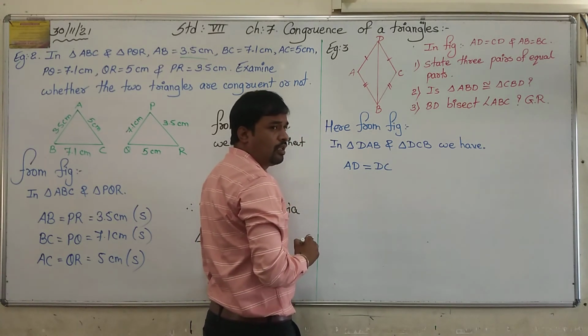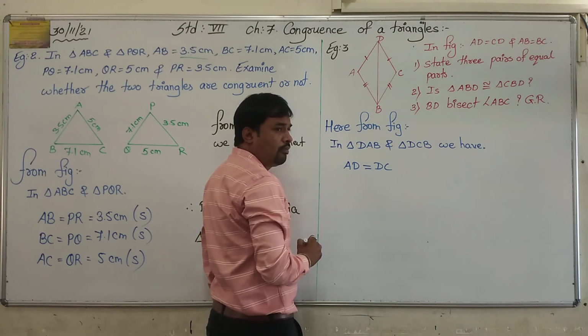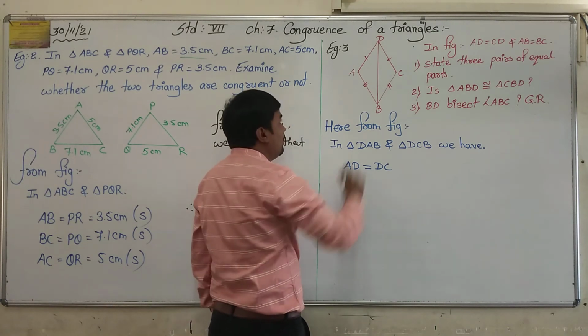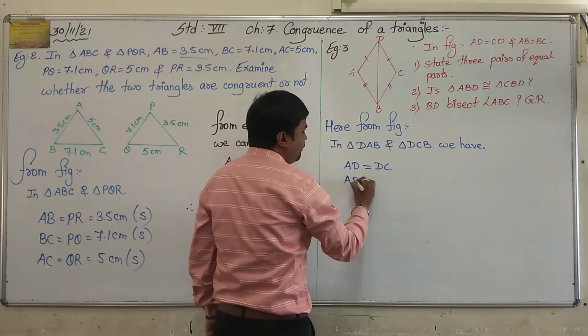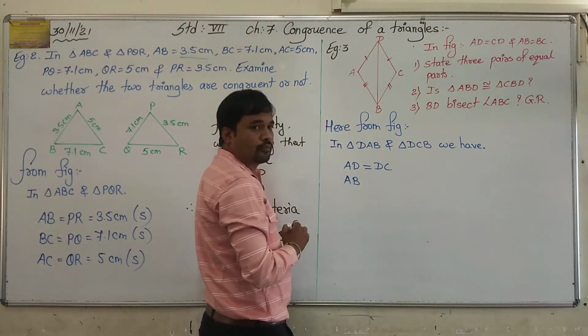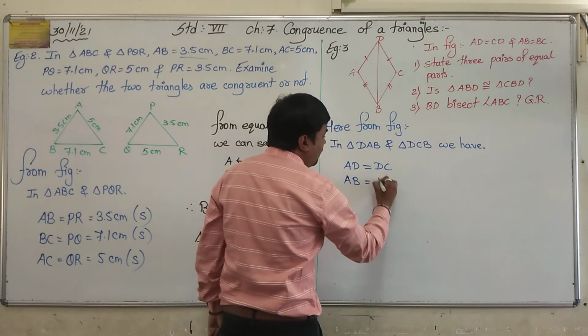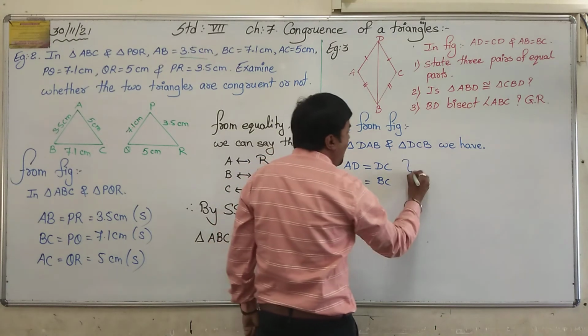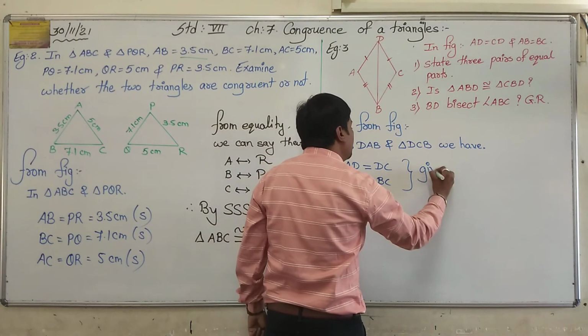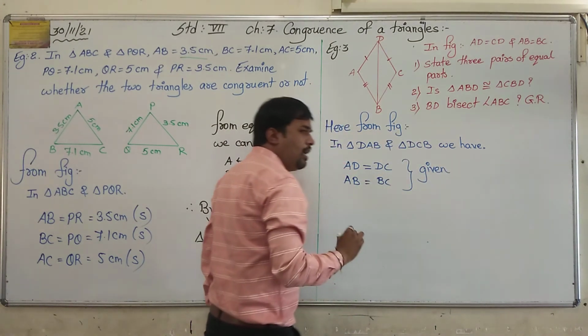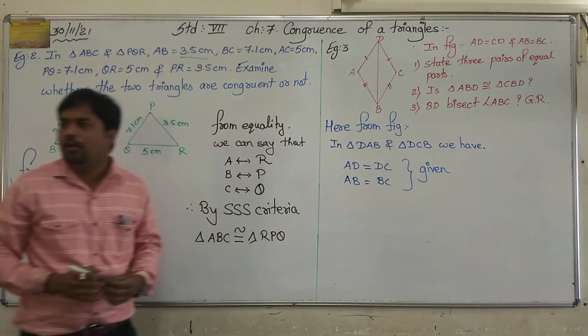AB is same as DC. Why? It is already given. They have already given that two sides are the same. What about the third side?